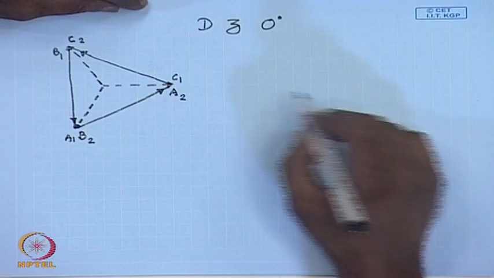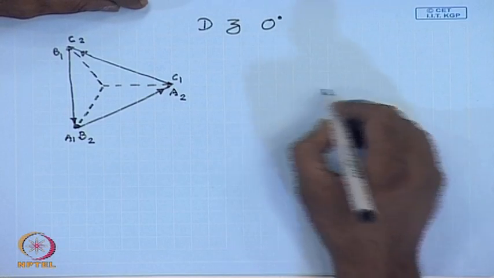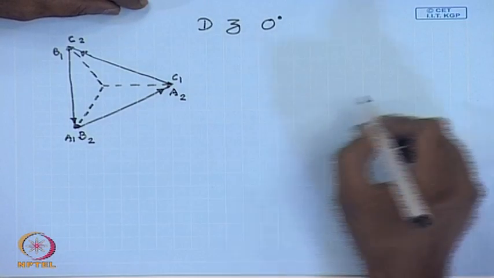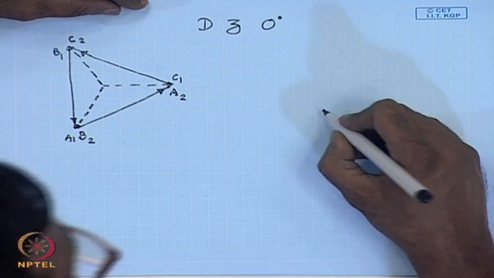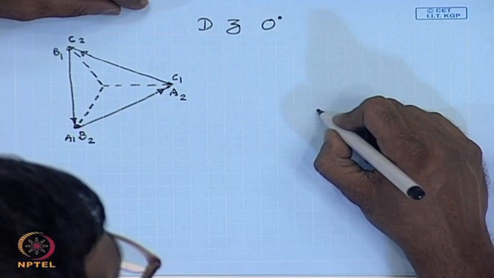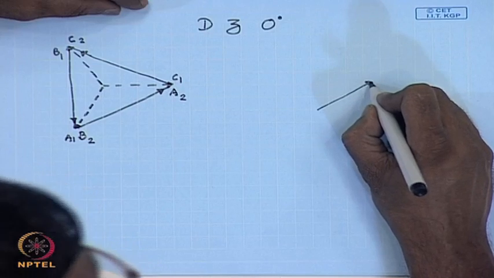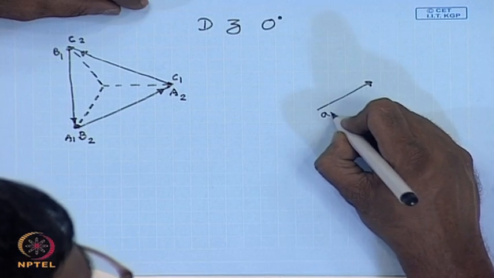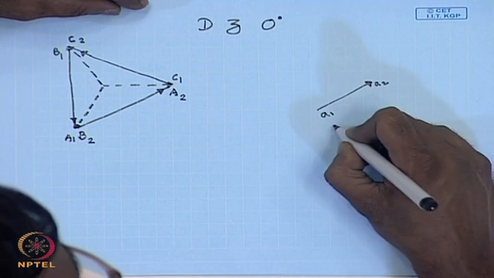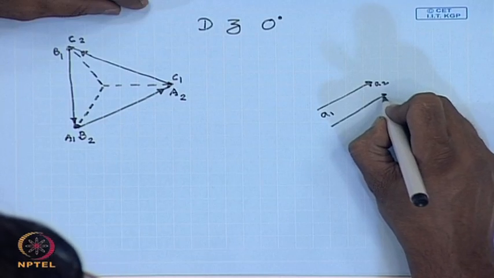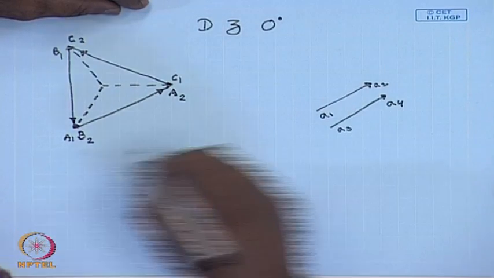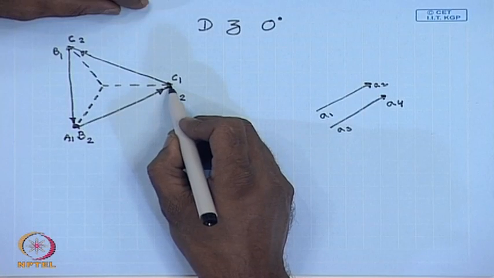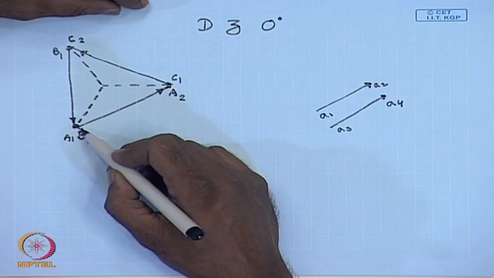So, the voltage phasors A1 A2, there will be two voltage phasors, this is A1 A2 and A3 A4, which are parallel to the capital voltage A1 A2.